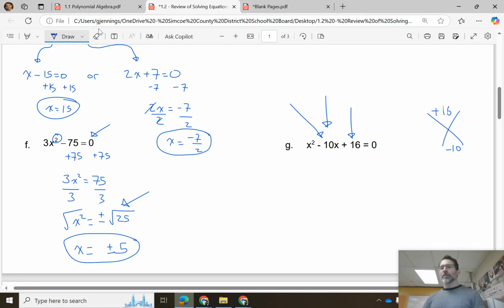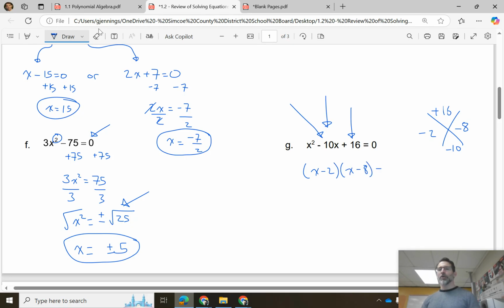Oh, I got something. They both must be negative because they're adding to a negative number but multiplying to a positive number. What two numbers multiply to 16 and add to 10? Negative 2 and negative 8. These will do. So then we can rewrite this as x minus 2 times x minus 8.